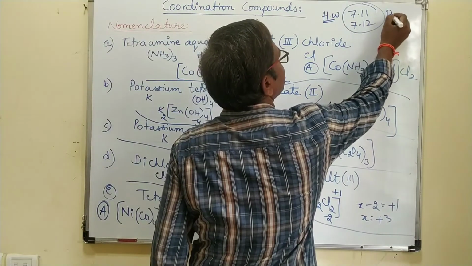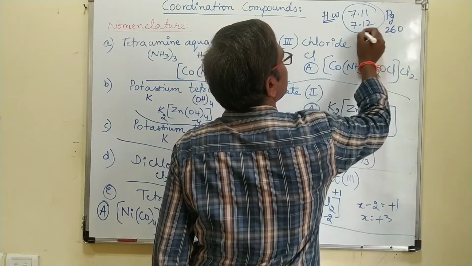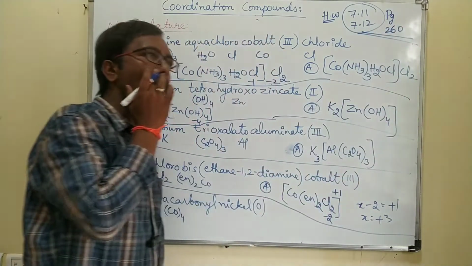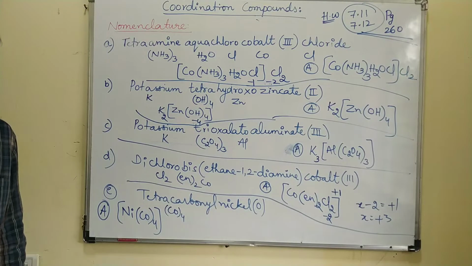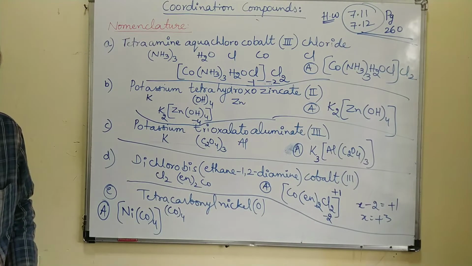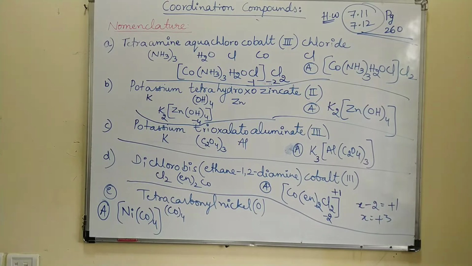Page number 260 is the homework. Questions 7.11 and 7.12 are homework. Just practice. If you have any confusion, just let me know. I will explain those 7.11 and 7.12 once again.